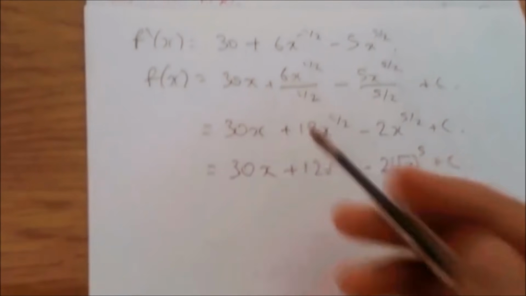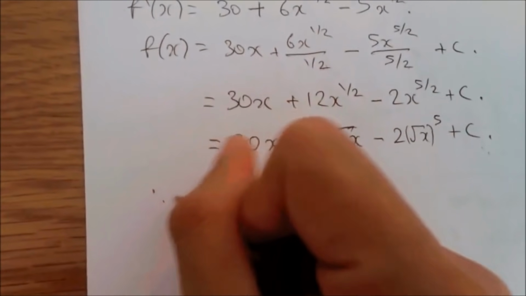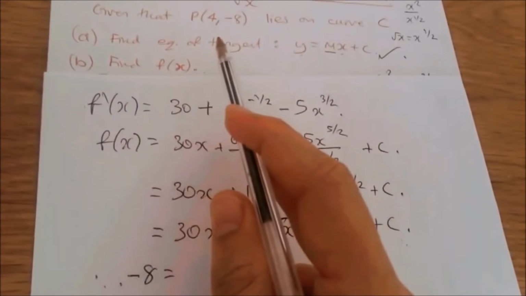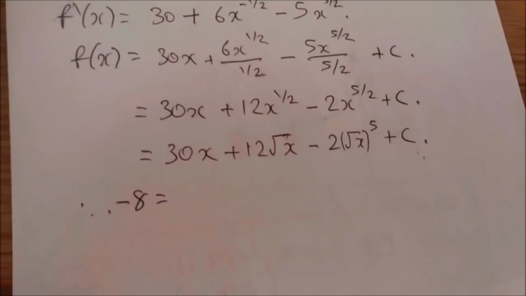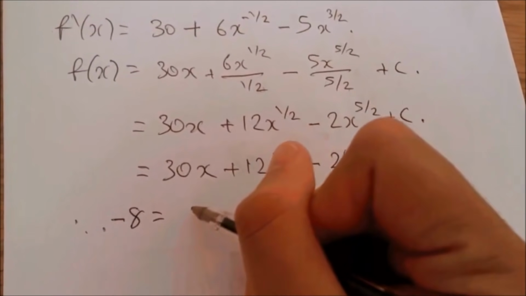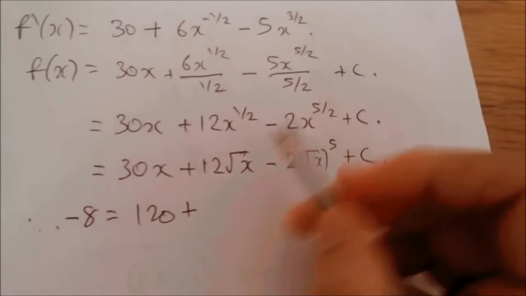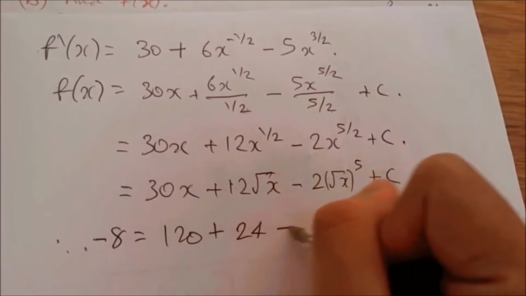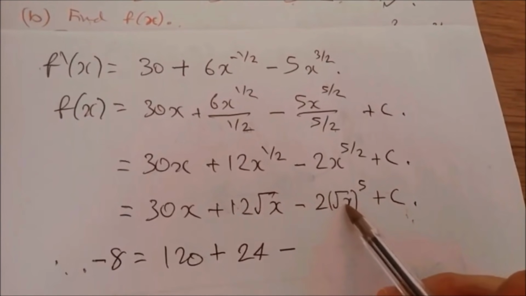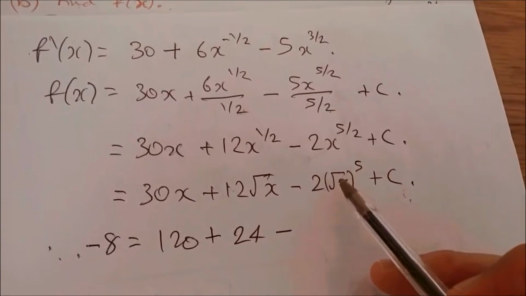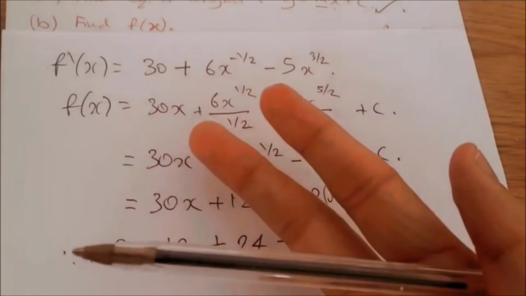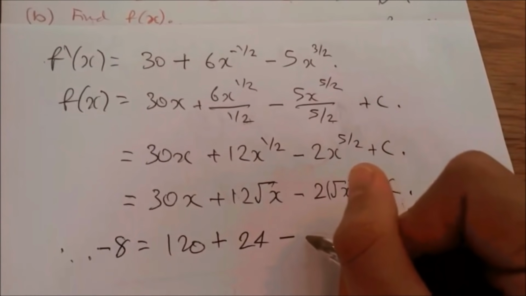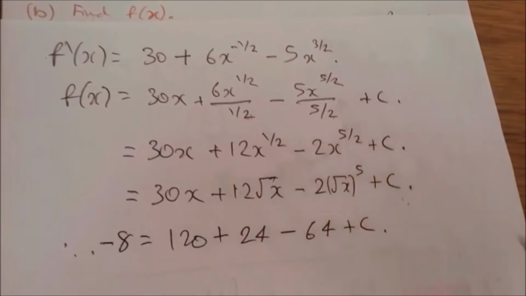At point P, f(x) will be minus 8, so we have minus 8 equals, and plug in 4 for all of this: 30 times 4, which is 120, plus root 4, which is 2, 12 times 2 is 24, minus, okay, here we go, square root of 4 is 2, 2 to the power 5, so we get 2, 4, 8, 16, 32. Double 32 is 64, and then plus c.